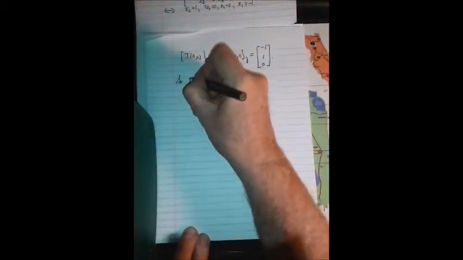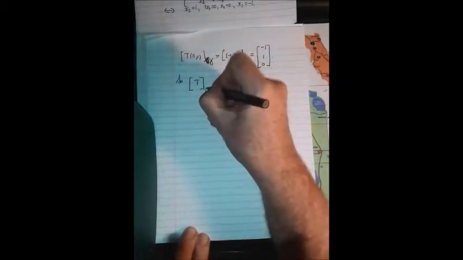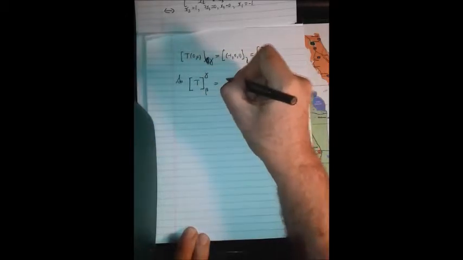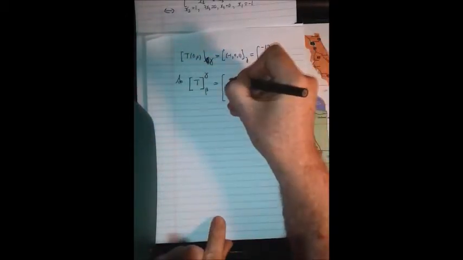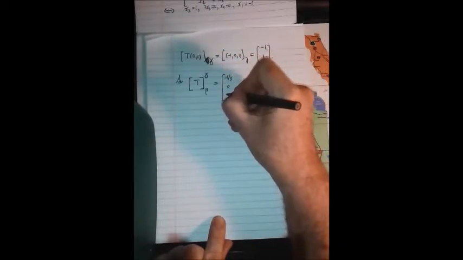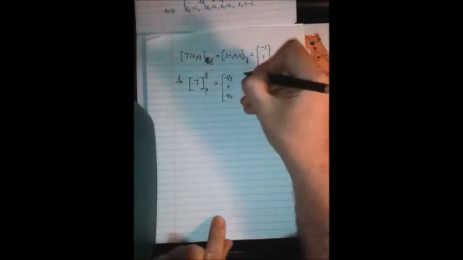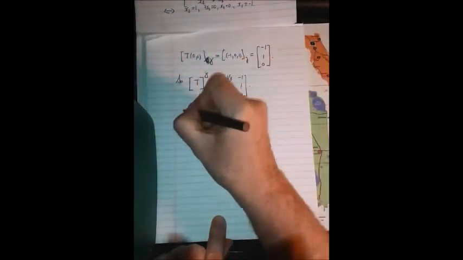So that means that the matrix of the transformation T relative to the bases beta and gamma is: the first column is minus a third, 0, 2/3, and the second column is minus 1, 1, 0.